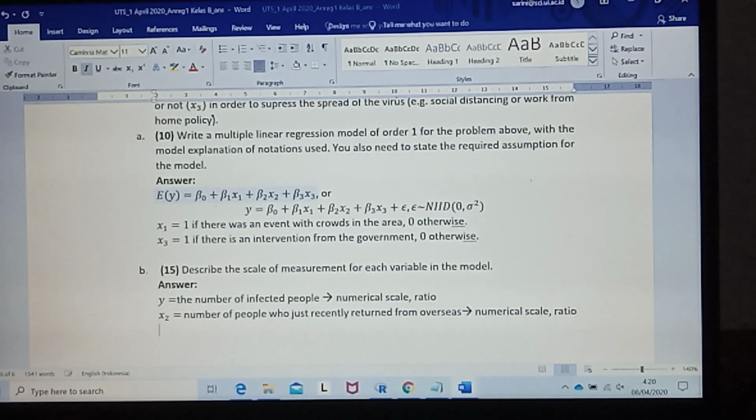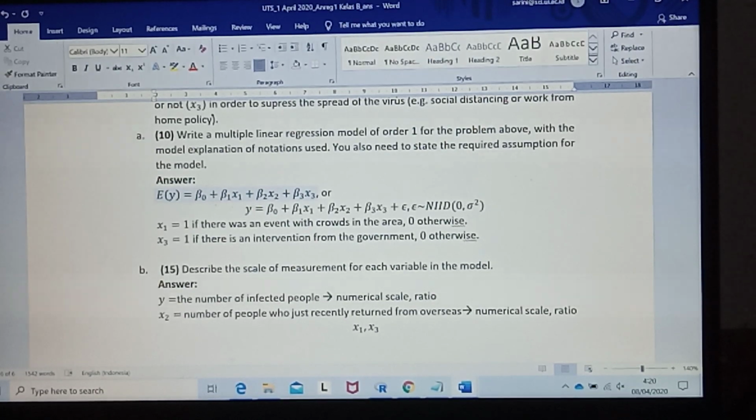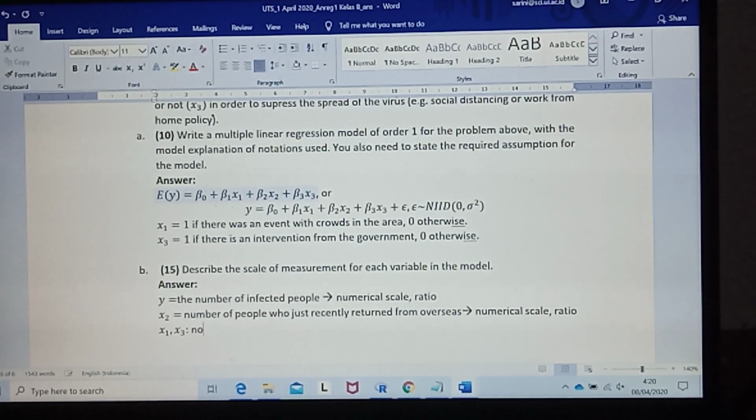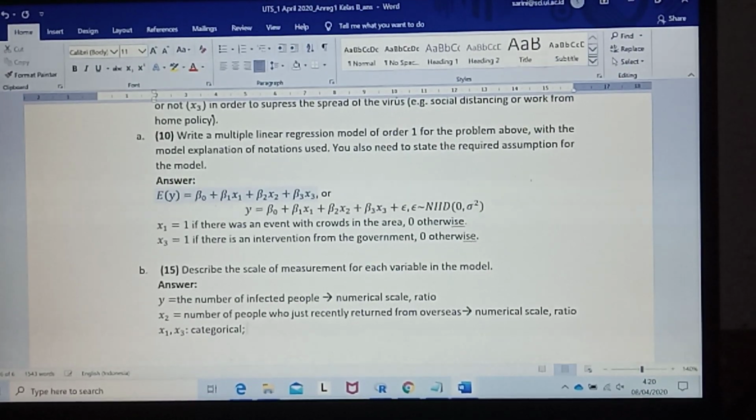And as we can see from part A, x1 and x3 are categorical, more specifically on a nominal scale.